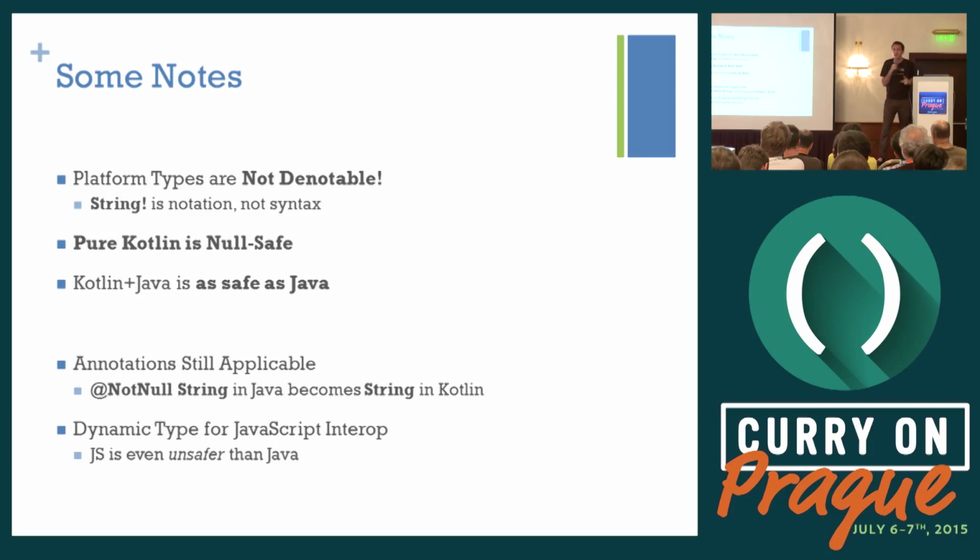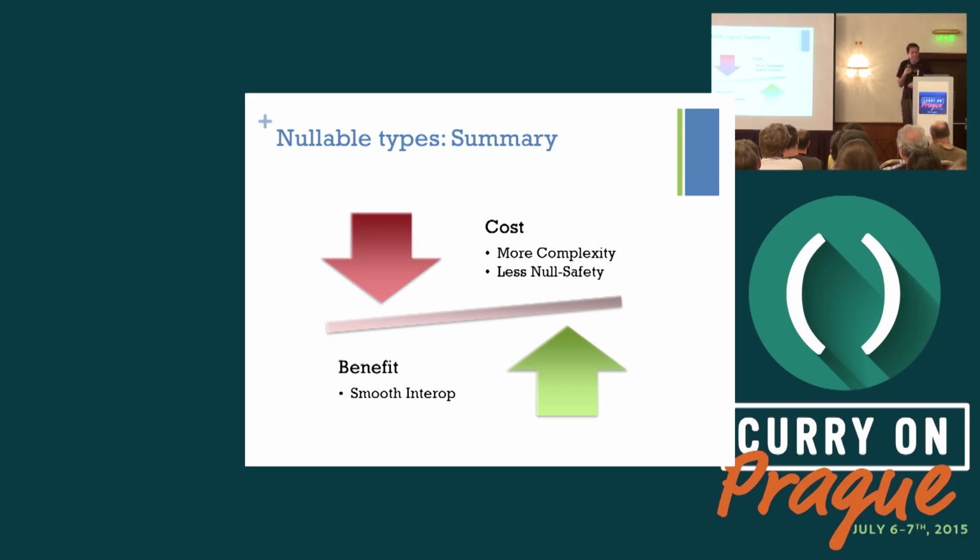So basically, for JavaScript, there is one platform type called dynamic, and you can do anything with it. So the machinery, the calculus, and the semantics behind it are the same as for platform types. Basically, a platform type is a range from, say, string to a nullable string, and dynamic is a range from nothing to anything. So this is how you reuse these things.